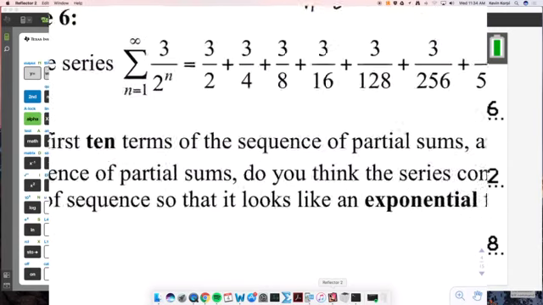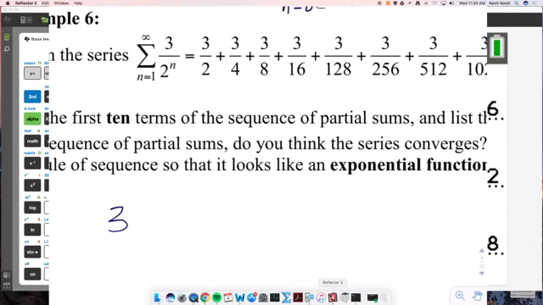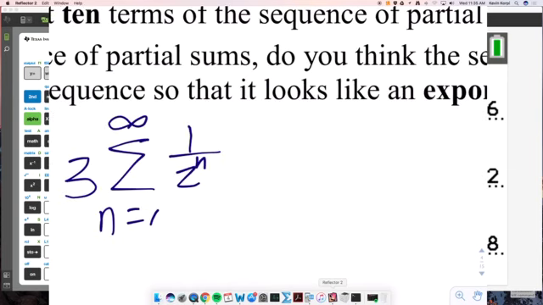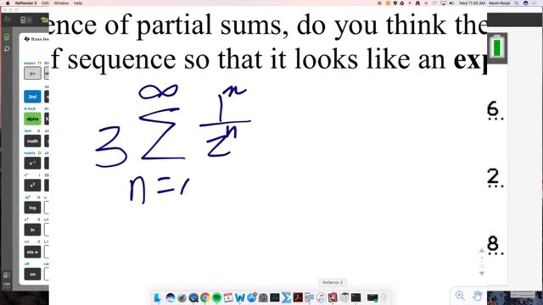Well, let's see. You can actually rewrite this. You could do what we do with integrals. A constant multiple of 3, you can bring out front of the sigma. The algebra of the sigma works just like it did for the algebra of the integral. So we're left with that. And of course, 1 to any power, if it's actually 1 and not approaching 1, is also 1. So I can say that's that.